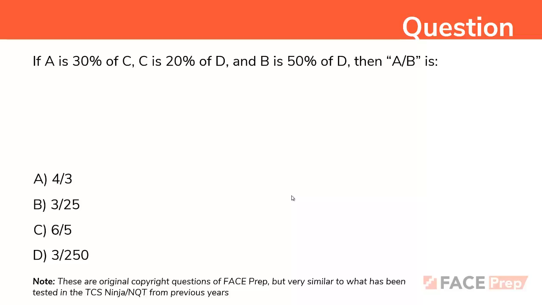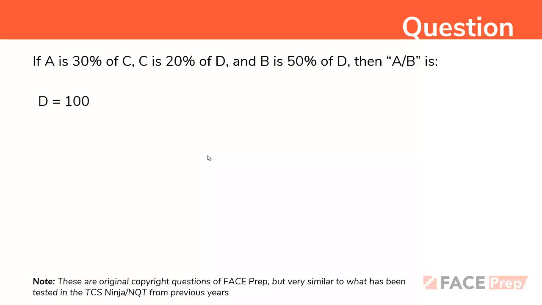In order to solve such questions, we need to assume, since percentage is all about 100, that D is 100. Why am I saying D is 100? Because it makes my calculation pretty easy.